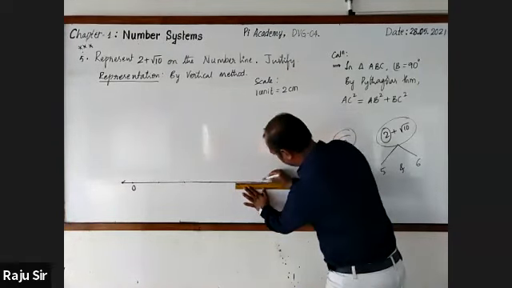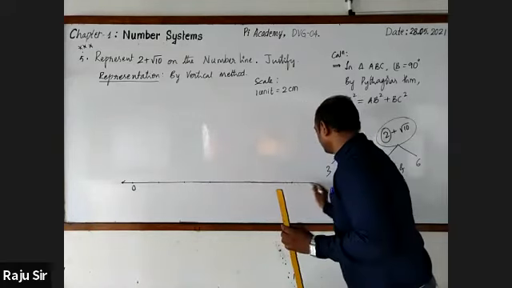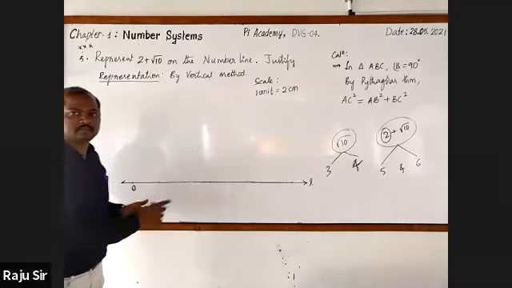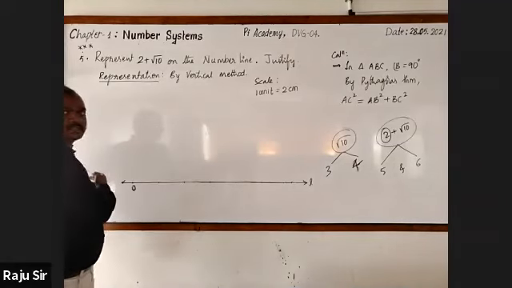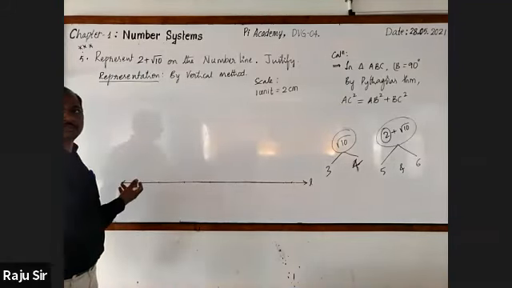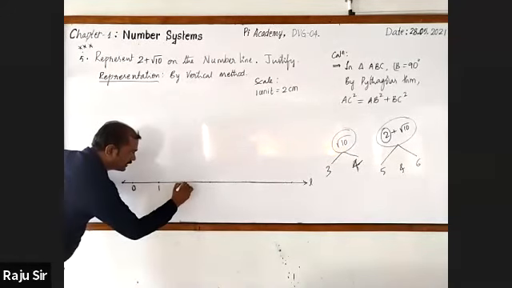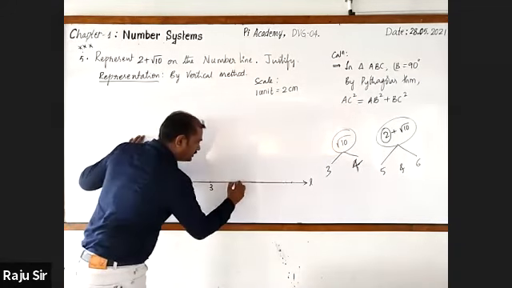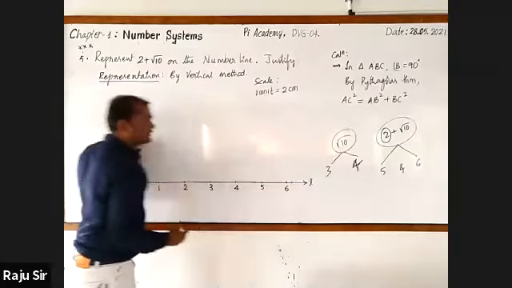Sir, negative integers are not taken, sir? No need to take negative. Just start from 0 only. If you want, you can extend that to write the negative numbers also. Here, first point is 1. Second point is 2. Third point is 3. Fourth point is 4. Fifth point is 5. And sixth point is 6.